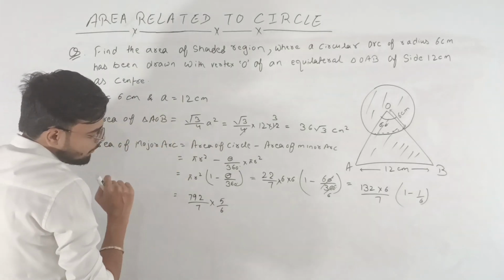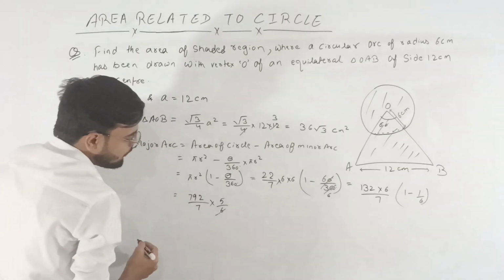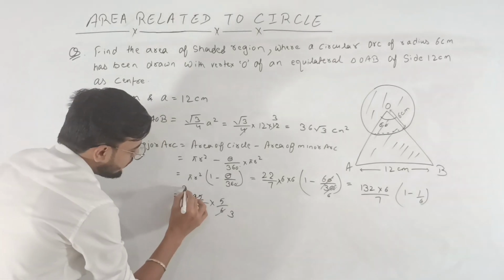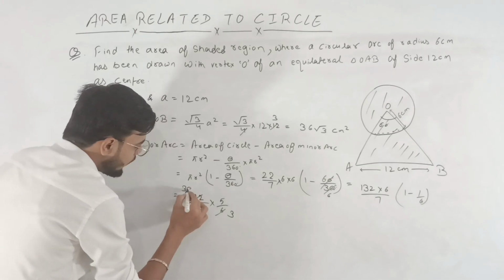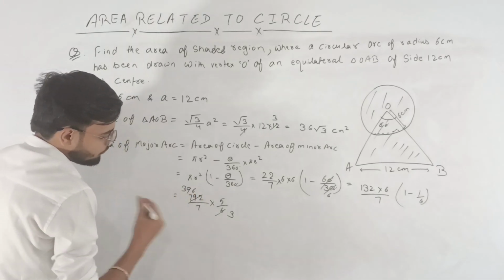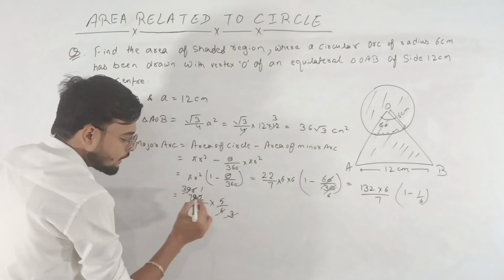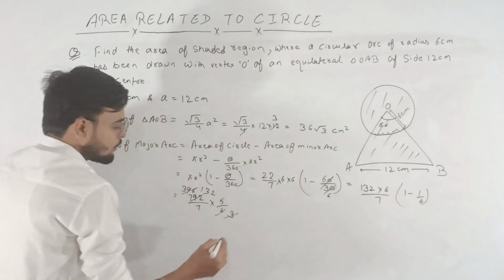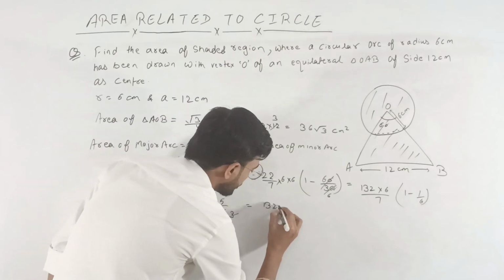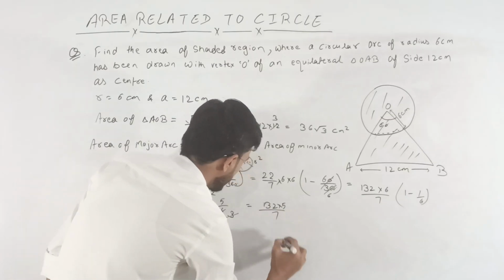Now can this be cancelled by 6 or not? Look, this is cancelled by 2, 2 3s are 6. This is again cancelled by 2, 2 9s are 18, 2 6s are 12. Now this is cancelled by 6, 3 or not? 3 1s are 3, 3 3s are 9, 3 2s are 6. So this will become 132 multiplied with 5 upon 7.